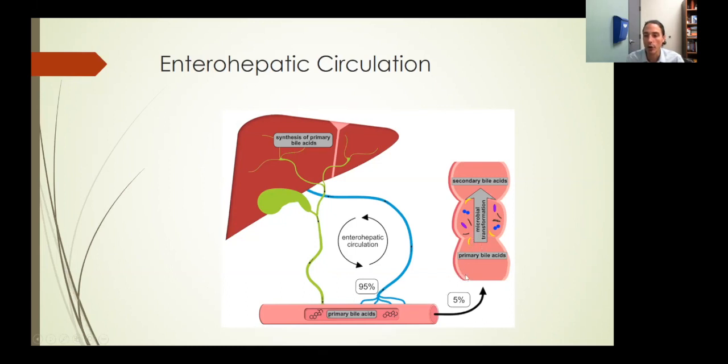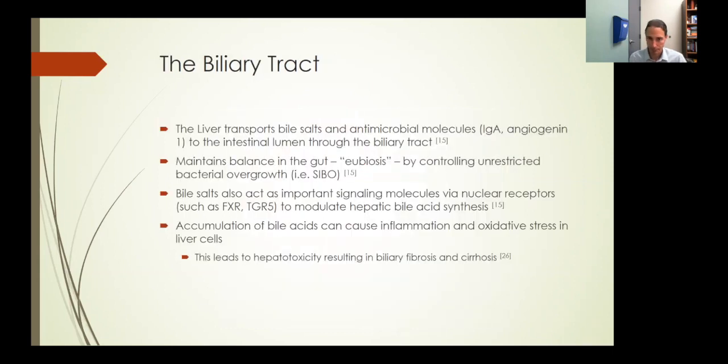And in the stool, those primary bile acids do have a role. They turn into secondary bile acids, and they could affect the microbiome and actually have a slight antibiotic effect on the biome to prevent potentially pathogenic bacteria from creeping up in abundance.